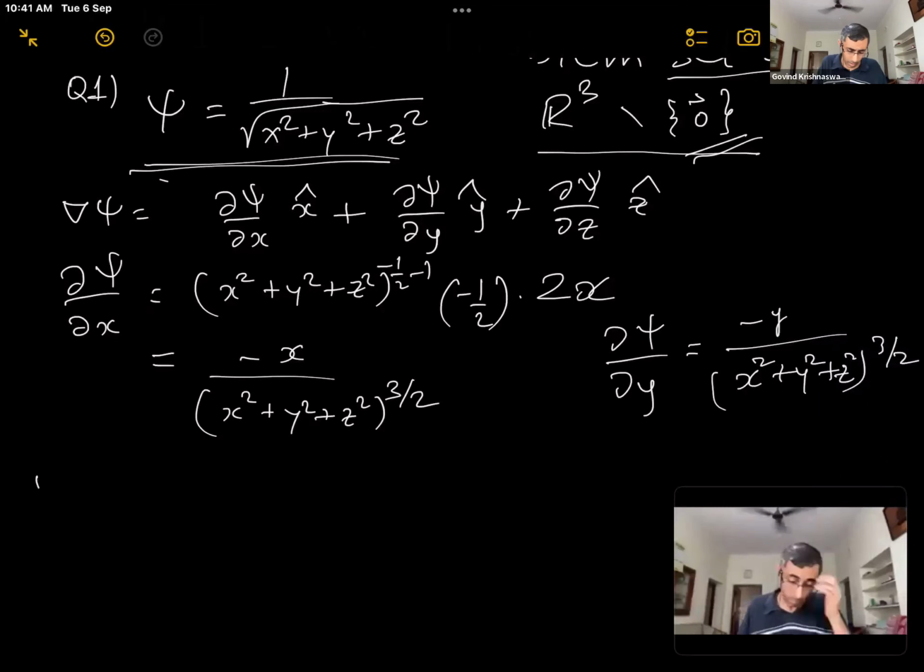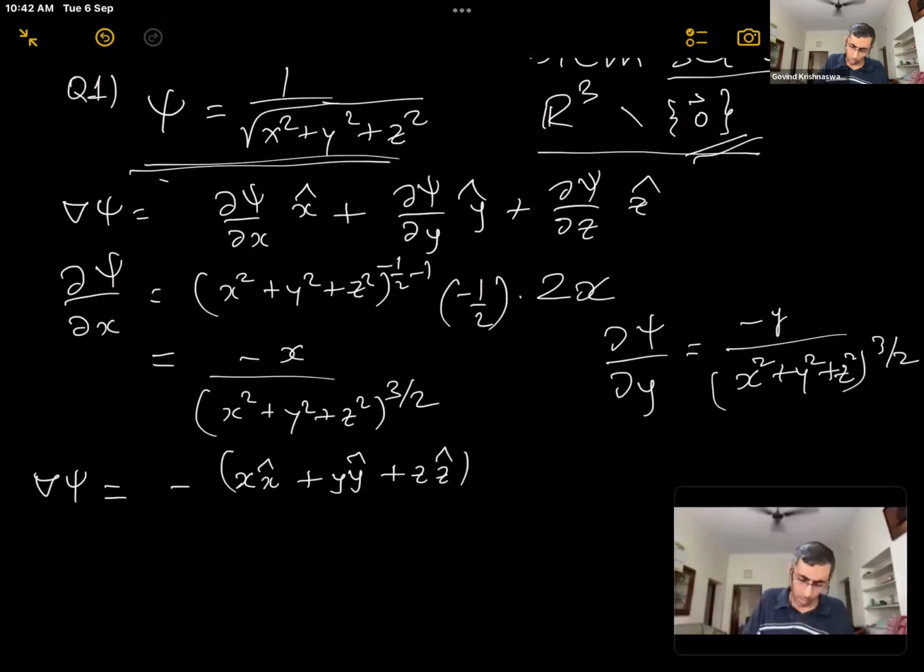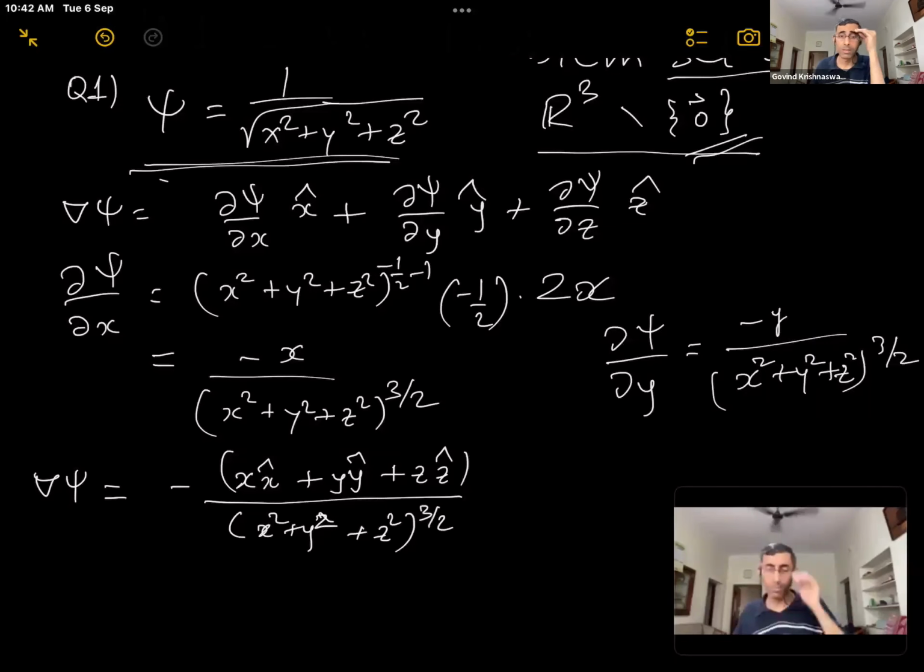Combining all of these, we have a formula for the gradient that's given by minus (x hat plus y hat plus z hat) divided by (x squared plus y squared plus z squared) to the power of 3 by 2. So this is the gradient in Cartesian coordinates. Any question about this?